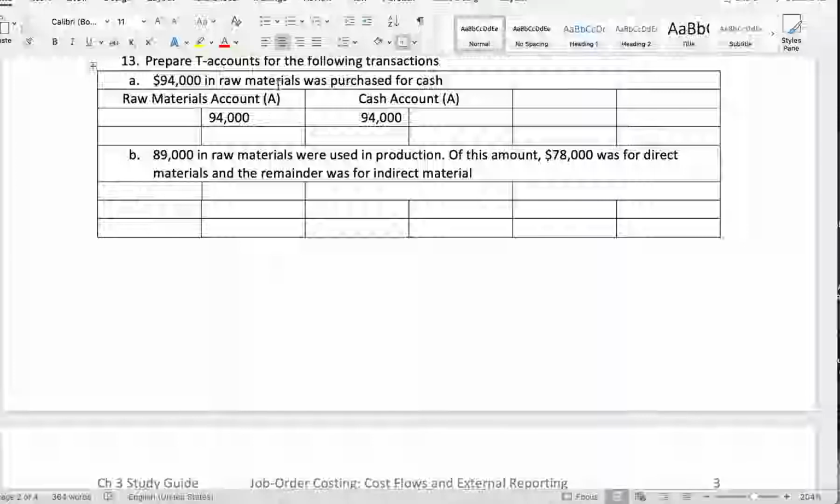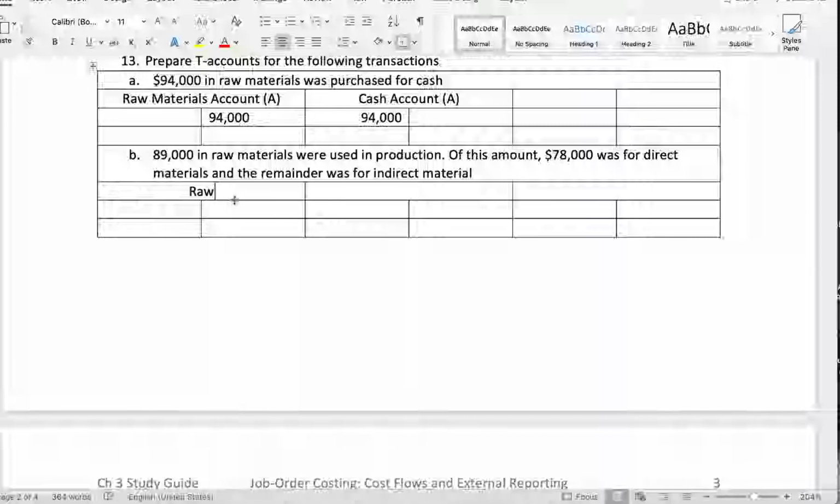Then we said over in the corner we have a little office, and that office area represents the manufacturing overhead, and that's where we put all our indirects. So if you can visualize that physically moving, we're doing the same exact thing here, just in accounting words.